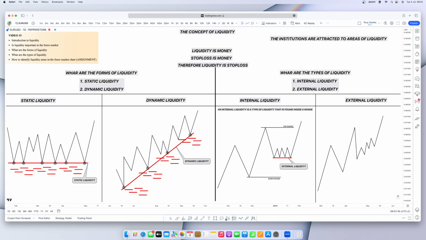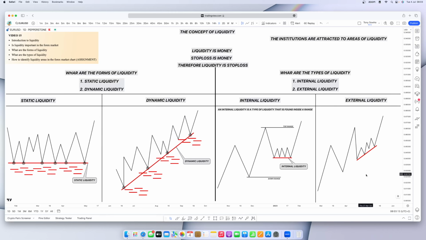In this case, this is also an internal liquidity, but what type of liquidity is this? This is going to be a dynamic liquidity. Are you seeing it now? This would be a dynamic liquidity, but it's internal. So we can have internal static liquidity, and we can also have internal dynamic liquidity.